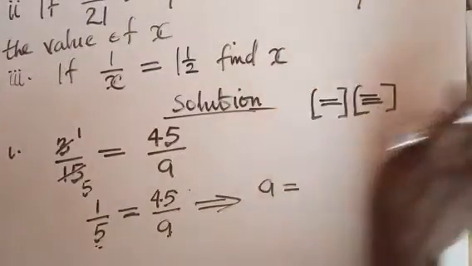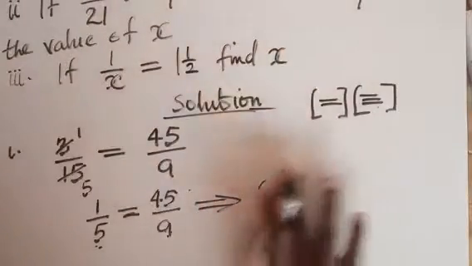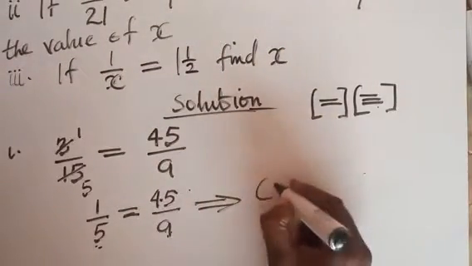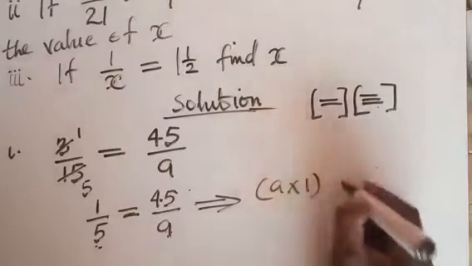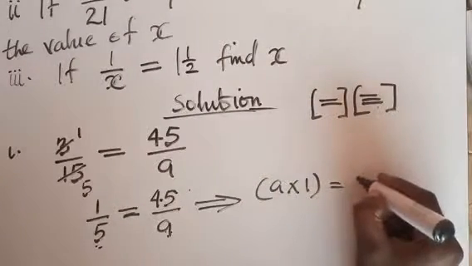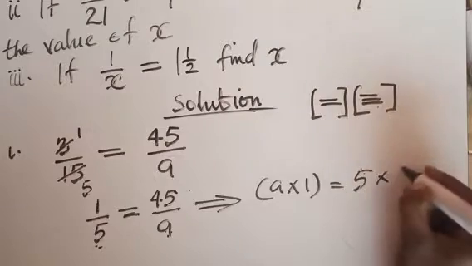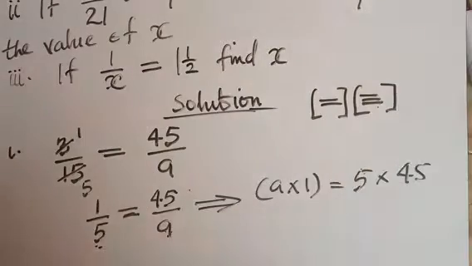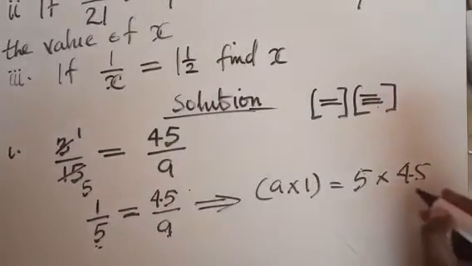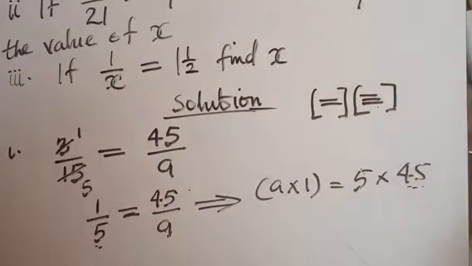We call it split mass. Let me do it this way. A times 1 equals to 5 times 45. Now, it may give us problem, but we know 45 is of two numbers. So I'll use the split mass.